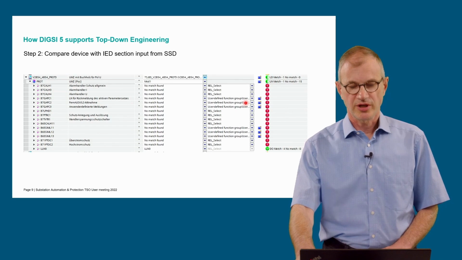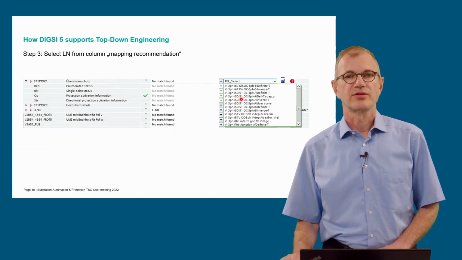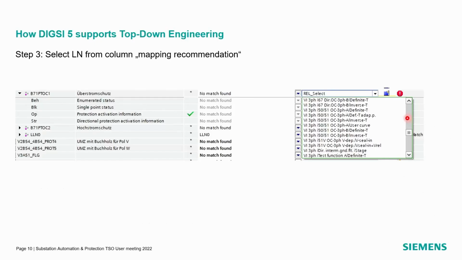So here now you can click on these symbols here, the icons, the blue icons, which starts the creation of the selected functionality. Here a drop-down list shows what could match to a PTOC, or this functionality contains PTOC LNs, so it is selected in this drop-down list.